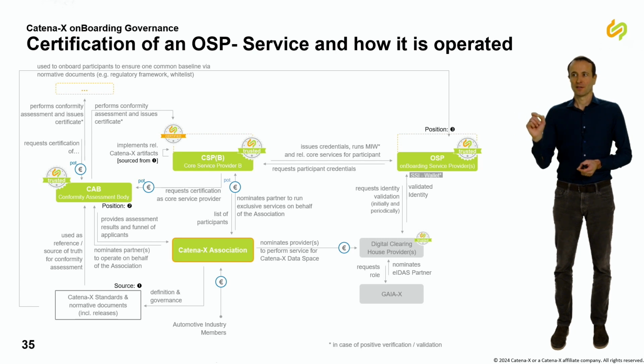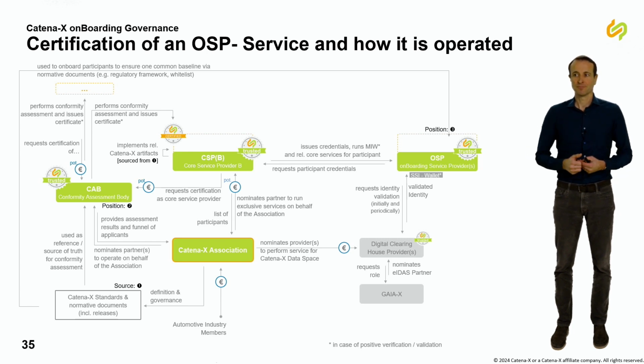So when a data provider, like an OEM or first tier, goes to an OSP and says, I would like to get my identity issued as a digital identity, the first thing the OSP does is take the registration data and send it to the clearinghouse and request a validation of the identity of the provider or of the partner who asked for that.